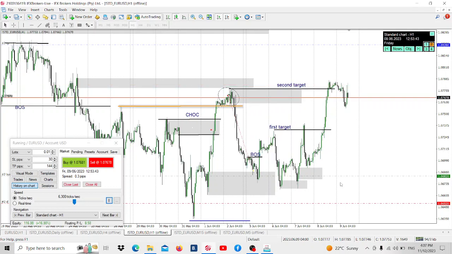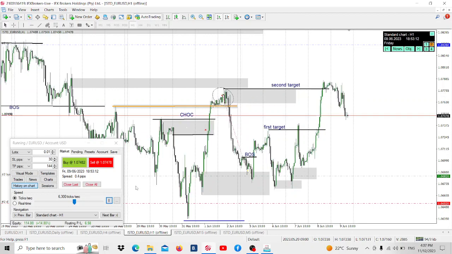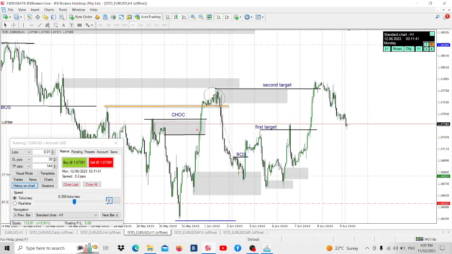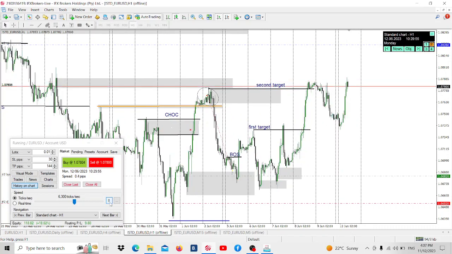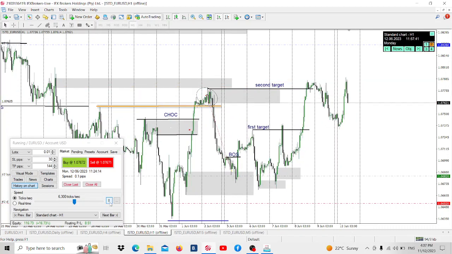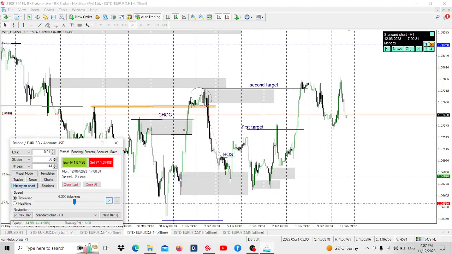Target 2 reached. Now we have an opportunity to scale in, right?